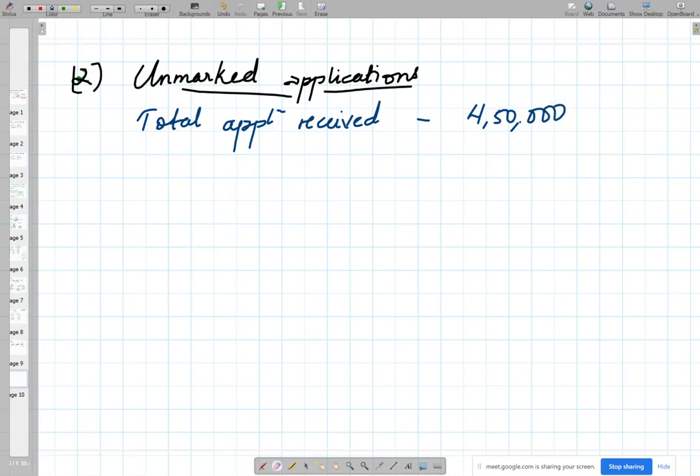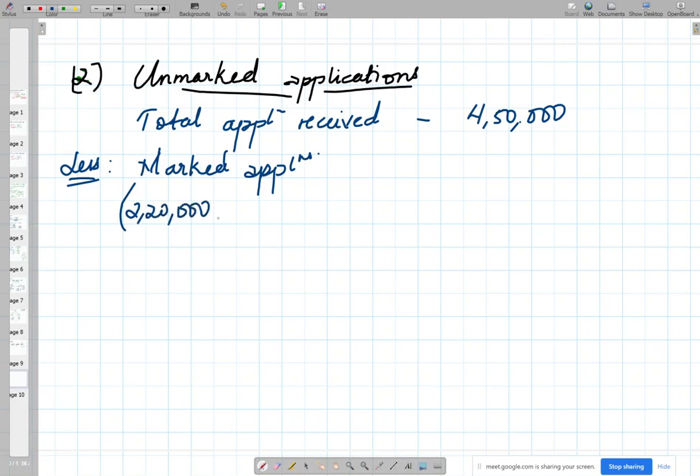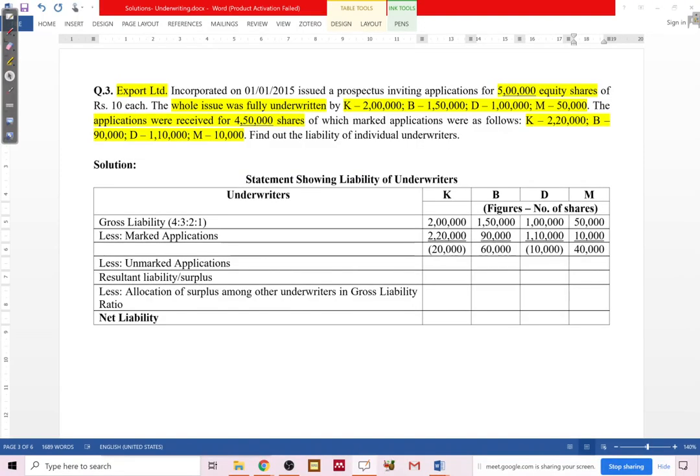Is this clear? Fine. Out of this, I removed or sorted out all the marked applications. How many were they? One fellow sold 2,20,000. One fellow sold 90,000. I'm just taking all the totals of marked applications, okay, over here, right, these.